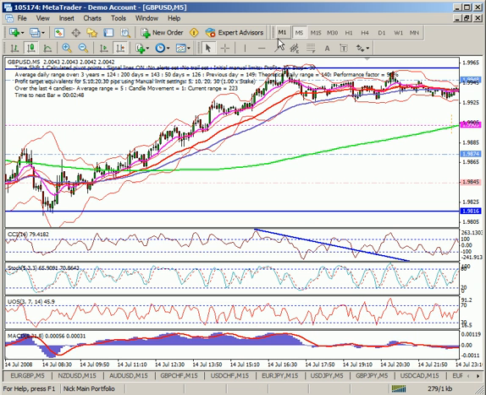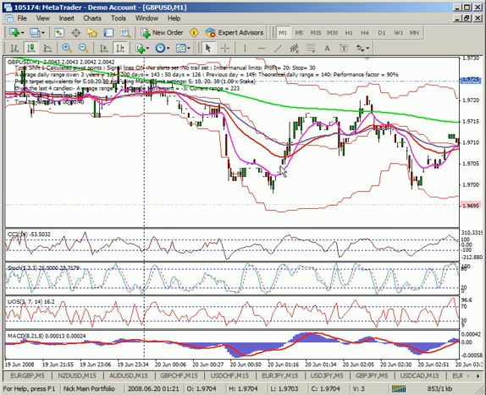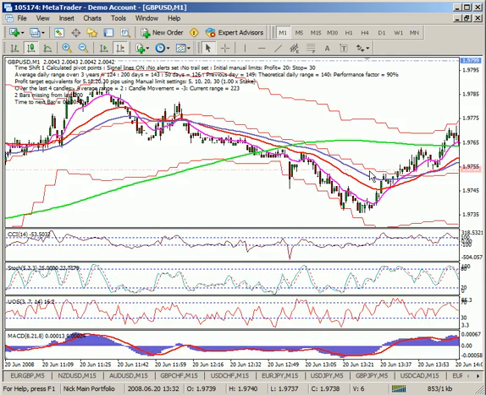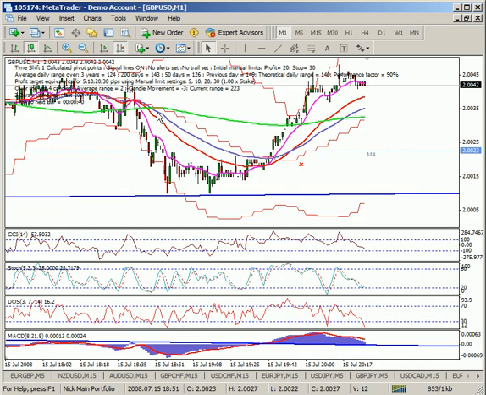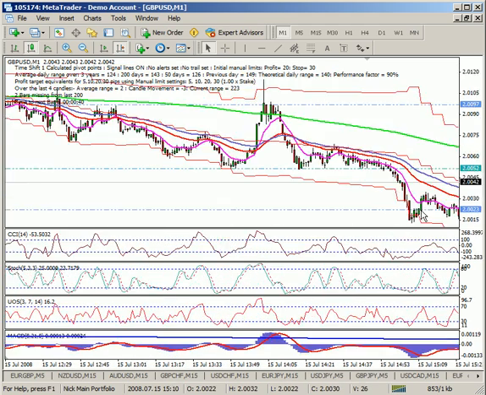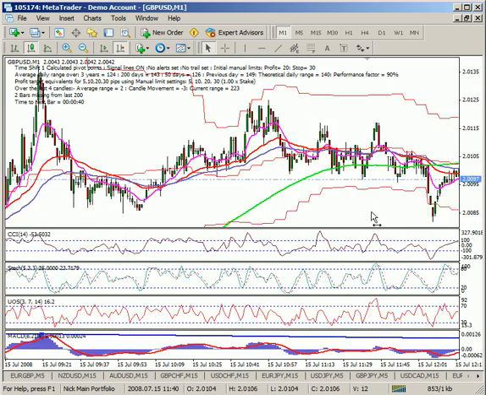And let's see what it looked like on the 1-minute chart, just for information purposes. Way back here. I need to get to the end.